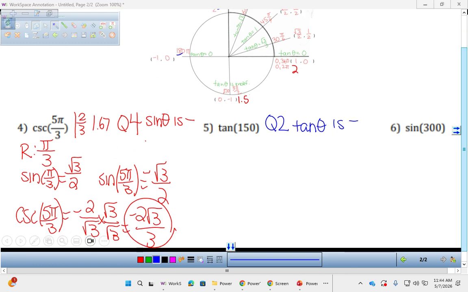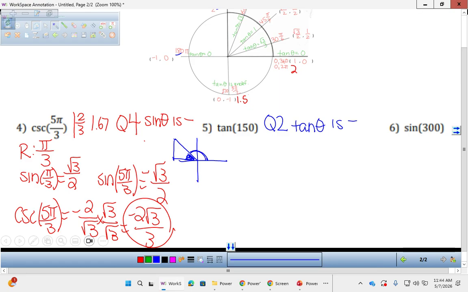I need to find my reference angle here. So if I draw something in quadrant 2 and I use the x-axis to create the reference triangle, I want this angle, and I know that that's 150. So together, this green angle, 150, what I know, plus what I want to know, together makes a half circle, which is 180 degrees.